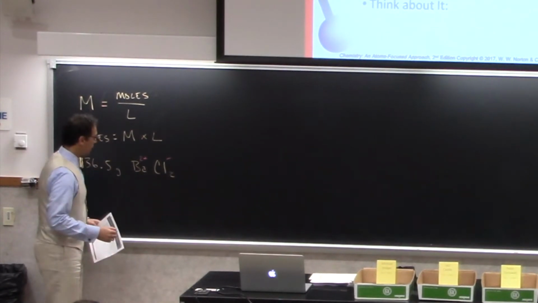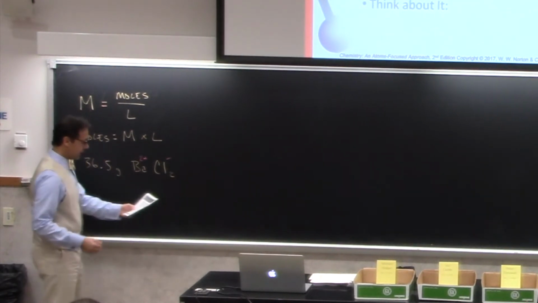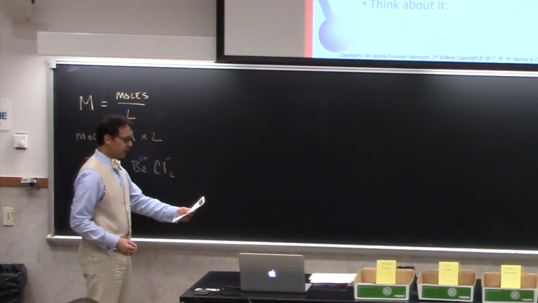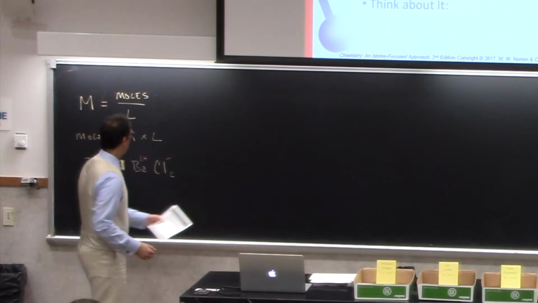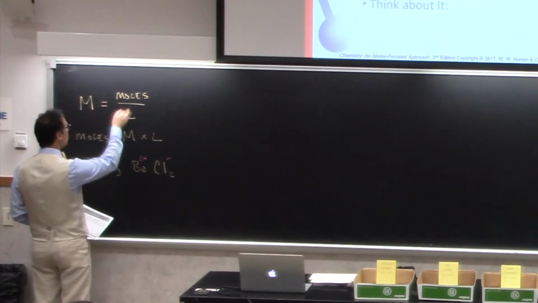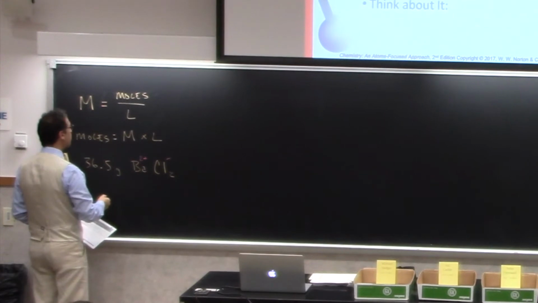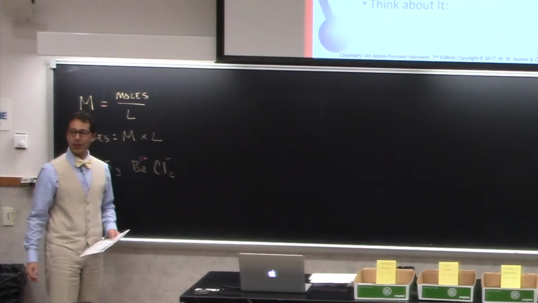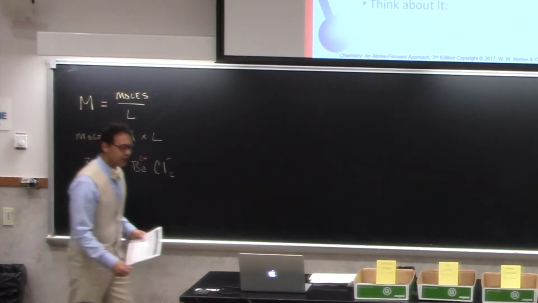Okay. All right, so let's see here. It says prepare the solution, 36.5 grams of barium chloride. And let's see, this equation doesn't have grams in it. But I can convert grams into moles.